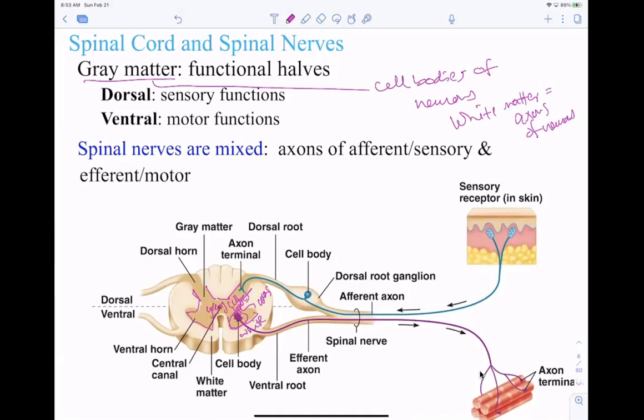And it's always really, truly motor in front, sensory, oops, in back, right? So remember this, motor in the front, sensory in the back.